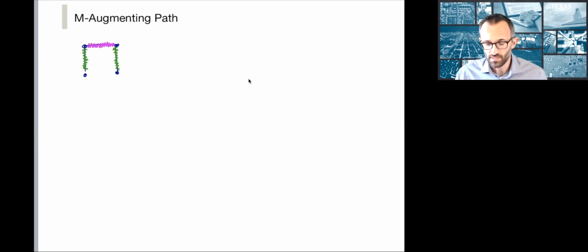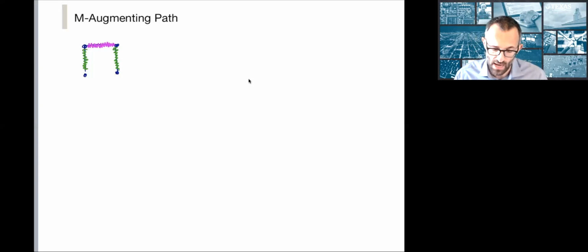Now this graph is very simple, but it illustrates the core of what this lecture is going to say, and that is that if you have a matching which is not maximum size, then you can always find an augmenting path that finds a larger size matching.